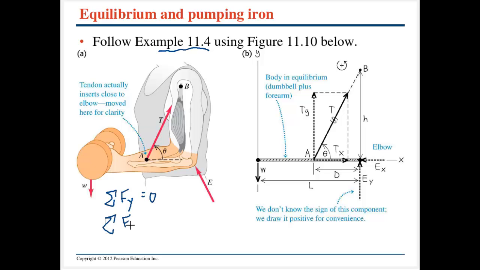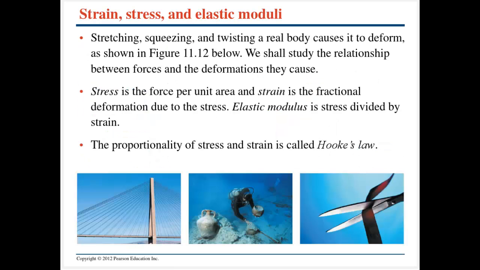The sum of forces in the x direction must be equal to 0. And lastly, the sum of torques is going to be equal to 0. And now I can solve for tensional forces as well as the forces that are on the elbow. Turns out in the real world, objects can be in equilibrium.